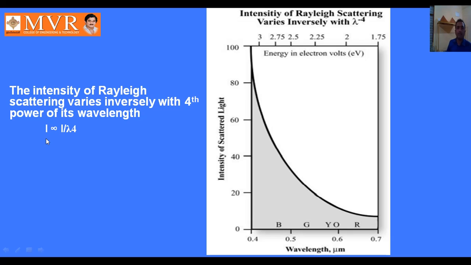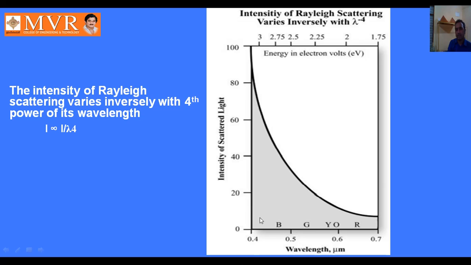If you observe here, for violet at 0.4, the scattered light is 80. When going through blue, green, yellow, orange, red, where 0.7 is the longest wavelength, the scattering is only about 10. So red scattering is only 10, but violet scattering is 80.